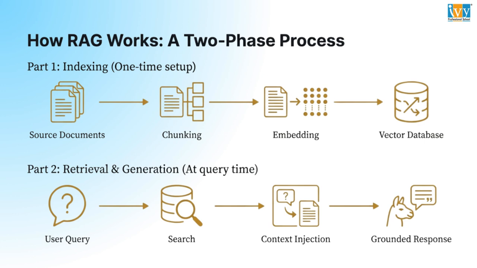Right, that's phase two, retrieval and generation. So your question also gets turned into an embedding. The system then uses that to search the vector database and pull out the most similar chunks of text, the evidence. The evidence, I like that. And in a really good RAG system, there's often a step right here, a re-ranking step. It filters out chunks that might be similar but aren't actually relevant.